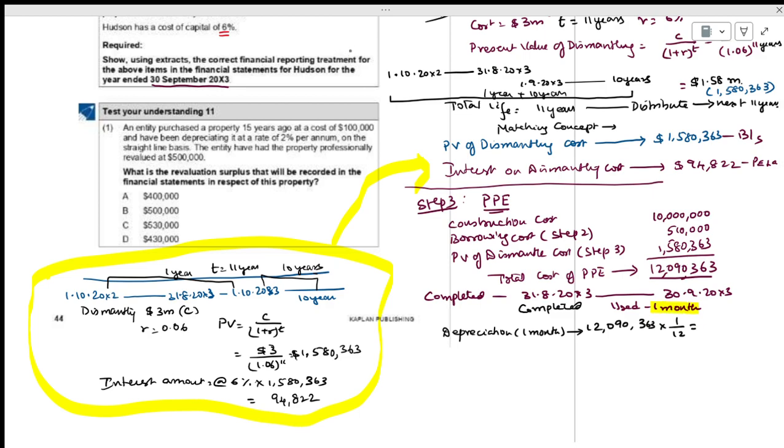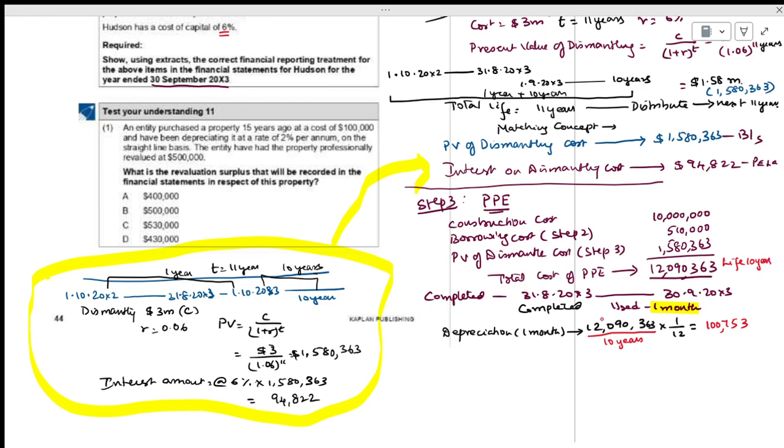Then what is the value we will get? 12,090,363 divided by 10 years into 1 divided by 12, that is 100,753.